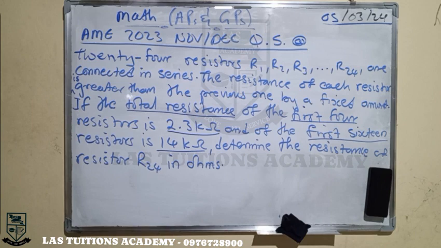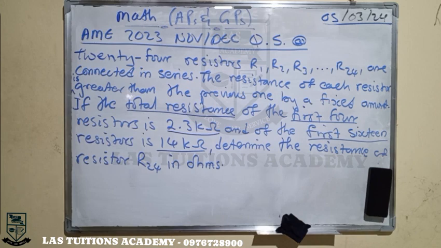Namakau, you had raised your hand. I think it has a fixed amount, and the progression between the resistors, the difference is one by each of them. Come again, Namakau. I missed that one.